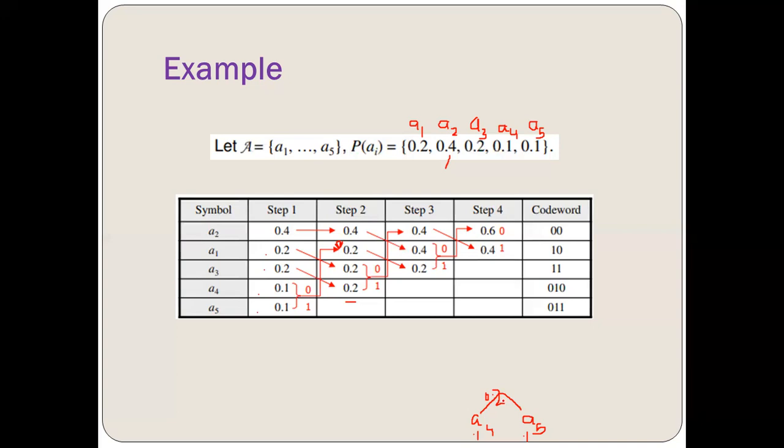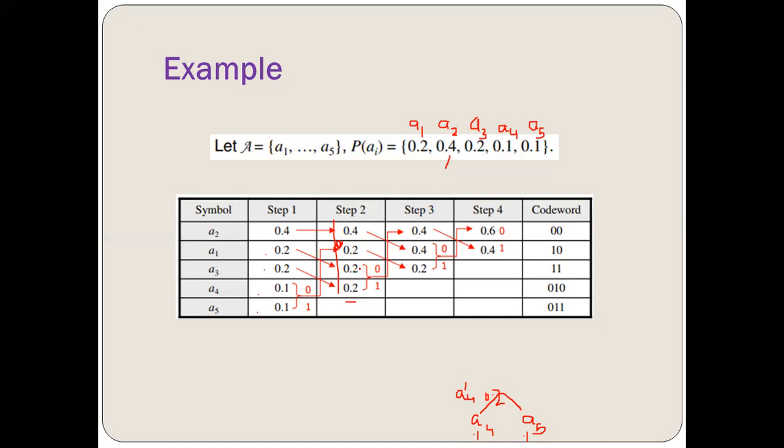So let's say I have named it A4 dash, and this is 0.2. I have placed it here. Now again, this is the sequence I have, and I'm going to add the least probability symbols together.